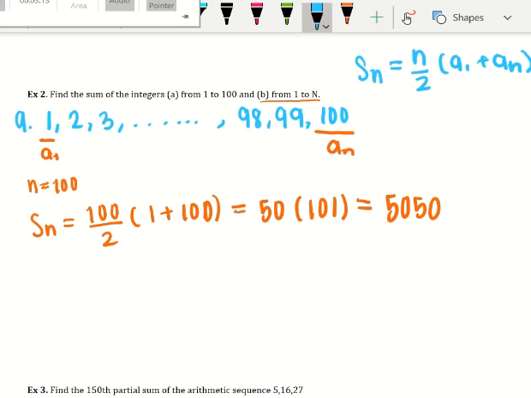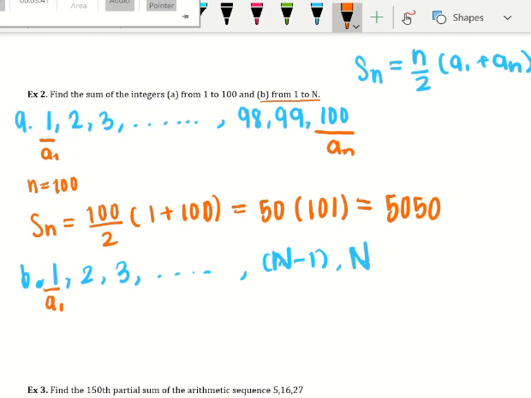So in this case, I'm going to go ahead and write out 1, 2, 3, and n minus 1, n, or capital N. Okay, so then our first term is still a1, our last term is now n, and then the numbers from 1 to n are going to be n. So n is equal to capital N.